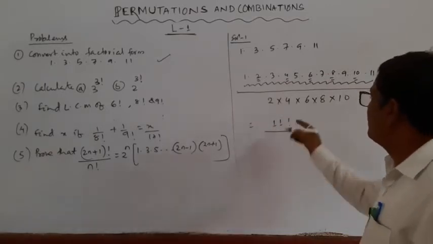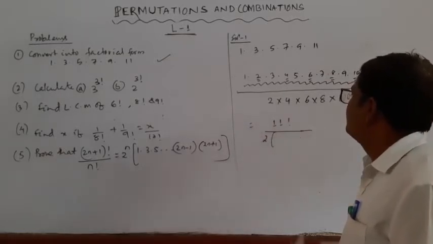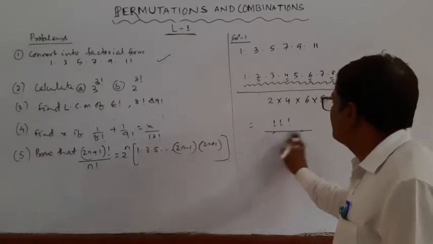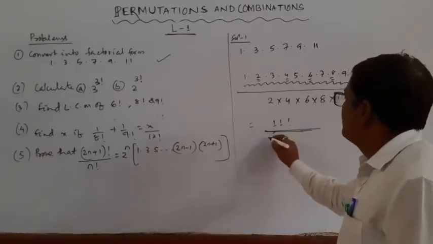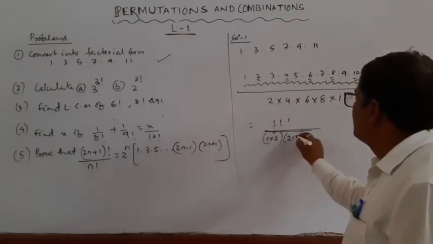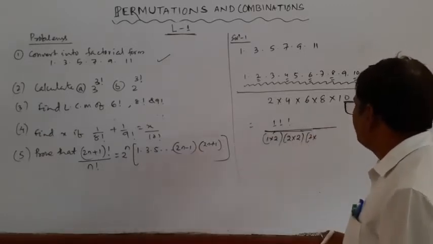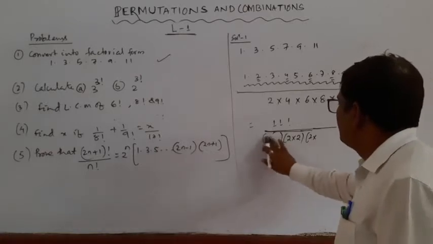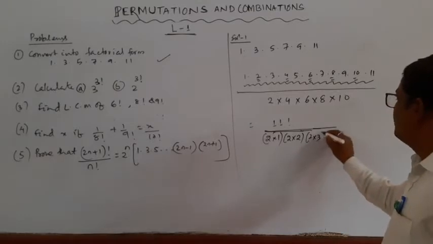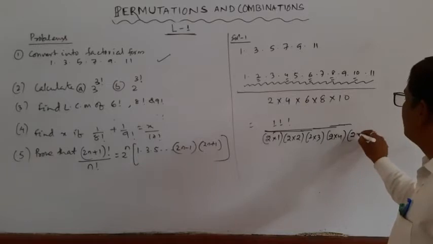And in the denominator, taking 2 out of each: 2 into 1, 2 into 2, 2 into 3, 2 into 4 and 2 into 5.